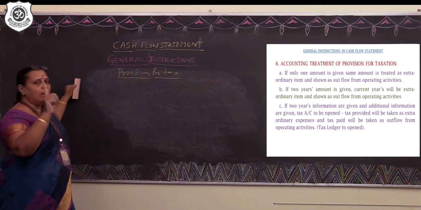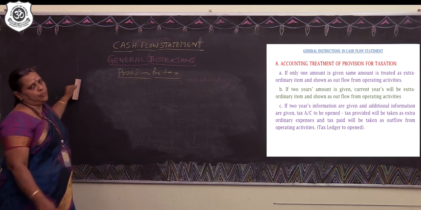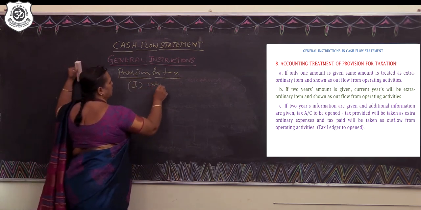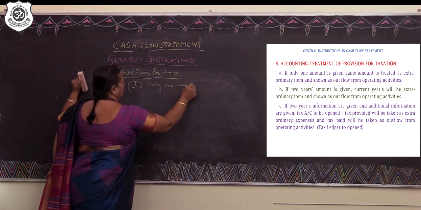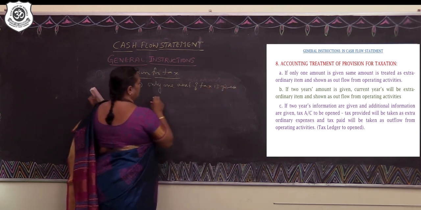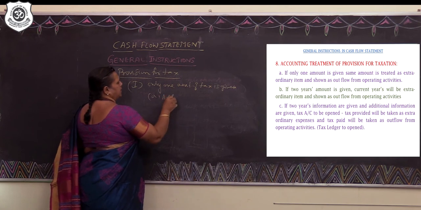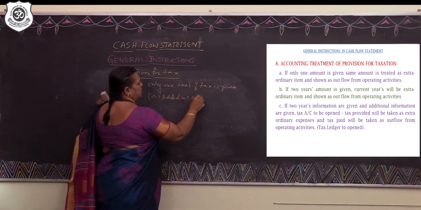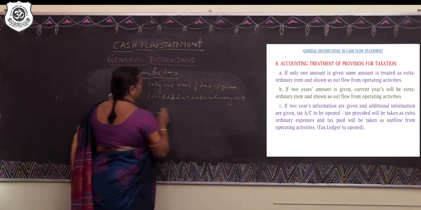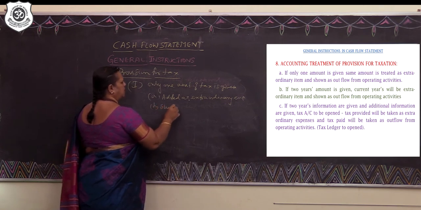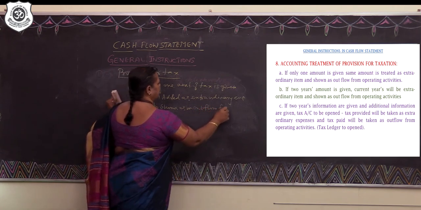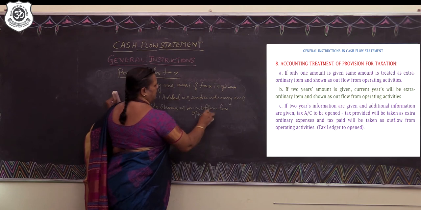Number one, if only one figure is given, only one amount of provision for tax is given, in that case, A, it is added as an extraordinary expense, B, it is shown as an outflow from operating activities.